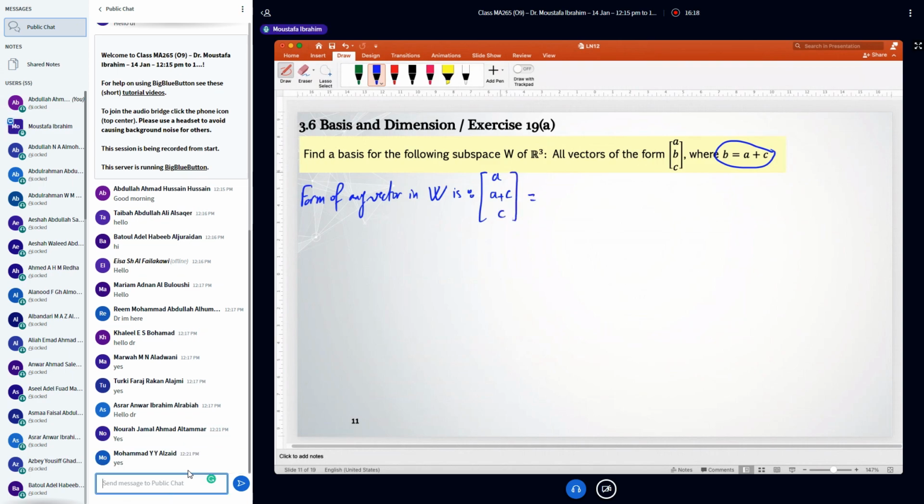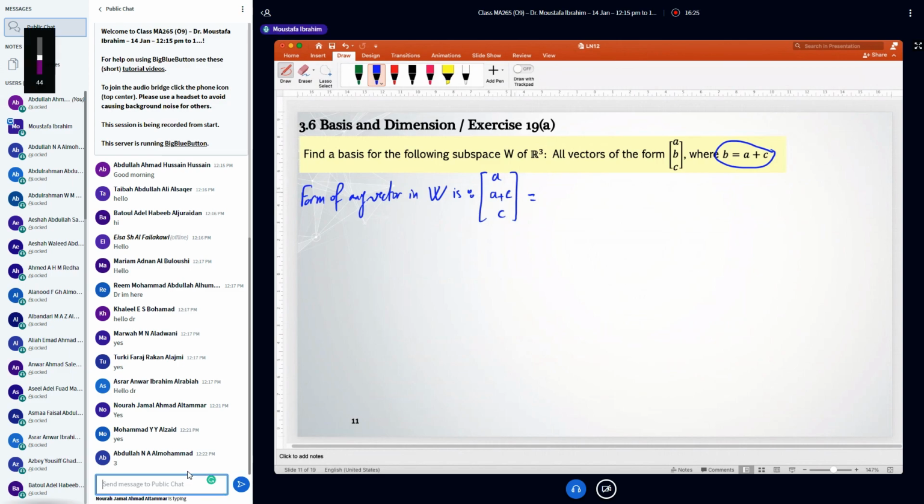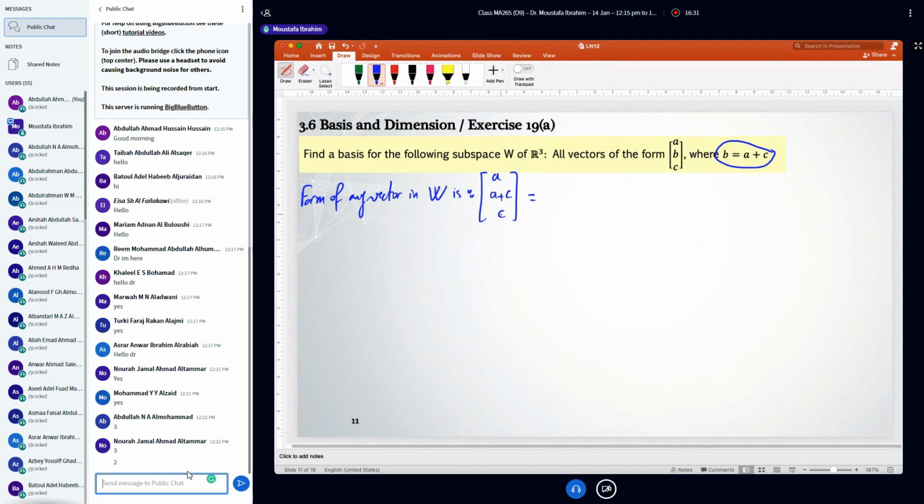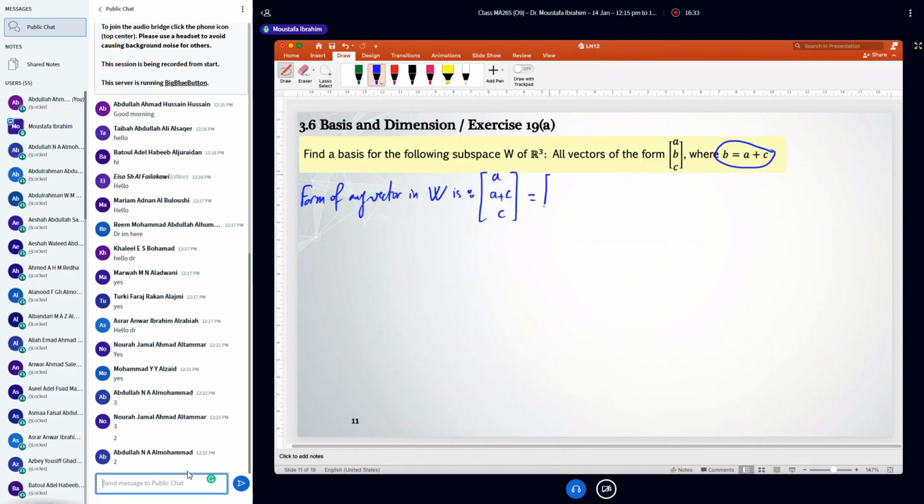Now, how many parameters do we have inside this general form? Two, A and C. We don't have three. So let's separate it as two vectors. The first one we put only A, and here we put only C. So for the first one, how many A do we have?